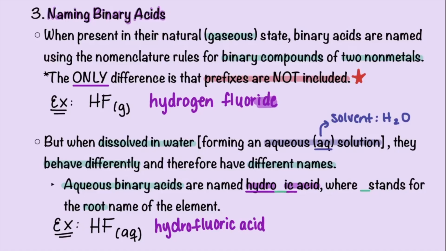And a quick side note about acidity, we're going to do a full acids and bases deep dive in another video, but for now, just know this. Whenever you see a hydrogen written in the front of a nonmetal and the compound is aqueous, that means that you're looking at an acid. So when you drop hydrofluoric acid in water, it'll undergo an ionization reaction.